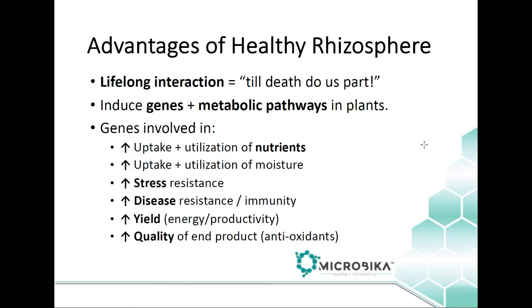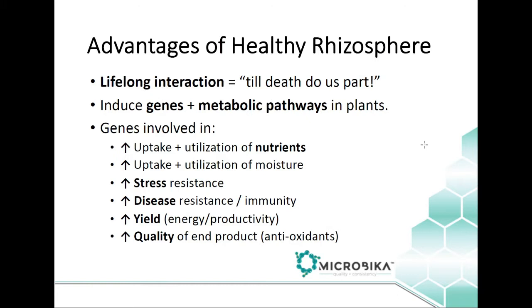We know from scientific experiments that the genes that they switch on in the plant are involved in the uptake and utilization of nutrients, genes involved in the uptake and utilization of moisture, genes involved in how the plant will respond to stress, and also the plant's general immunity or resistance towards disease. So they are all involved in switching on these genes and upregulating them if necessary.